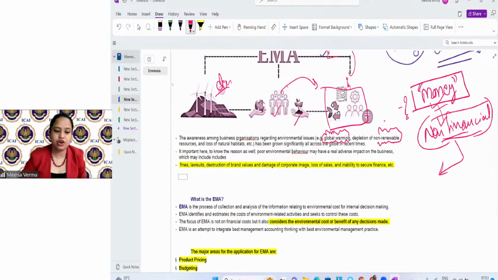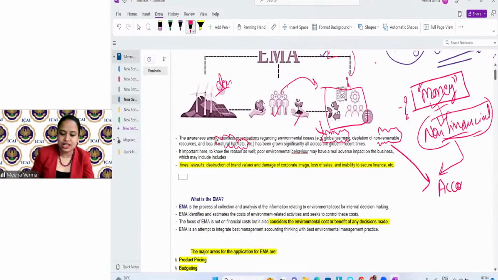There is also loss of natural habitat. Every organization that is producing goods is using resources from the environment, and some resources, once consumed, will be difficult to regenerate. For that reason, every organization is accountable toward the environment.